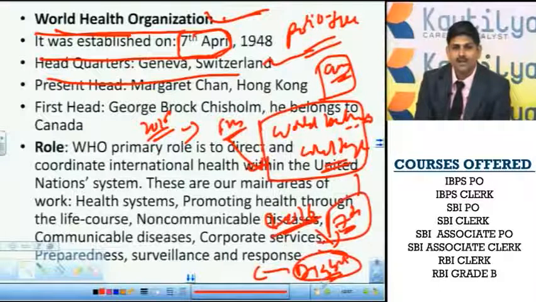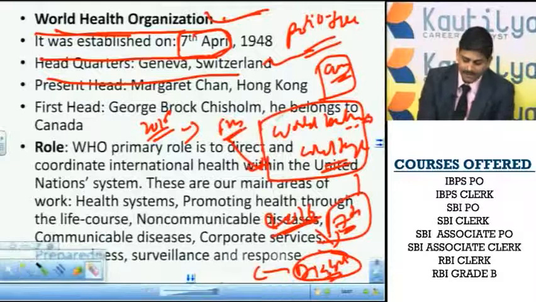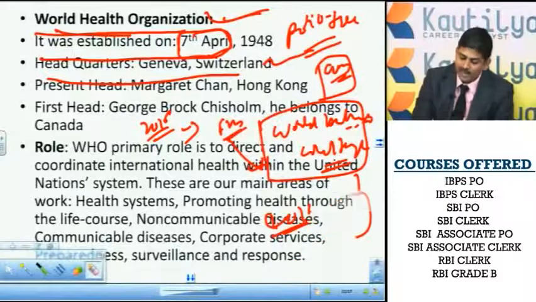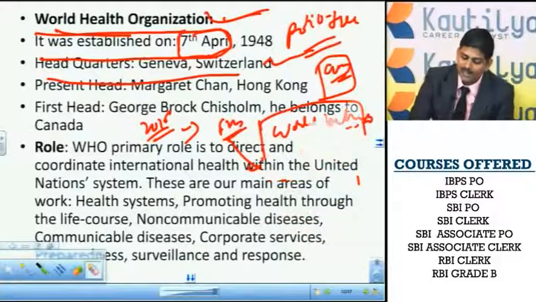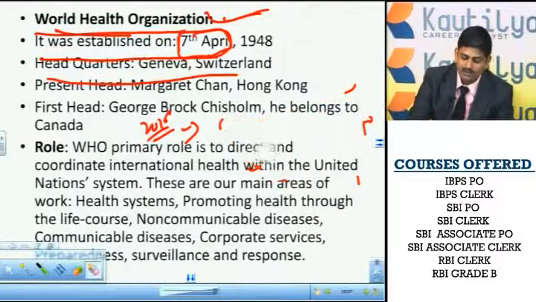That is why, in order to educate people, this was chosen. Moreover, the diabetic problem is high in India, so in order to help India also, the World Health Organization is conducting this.